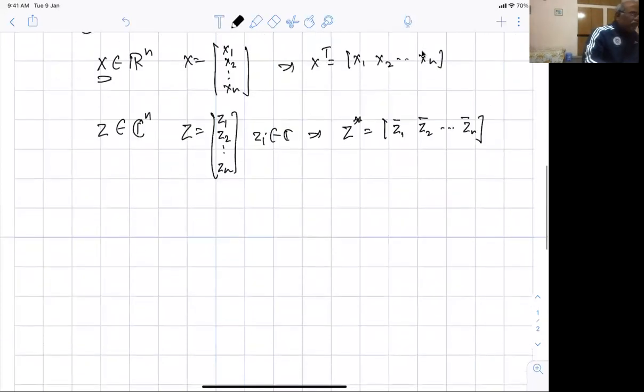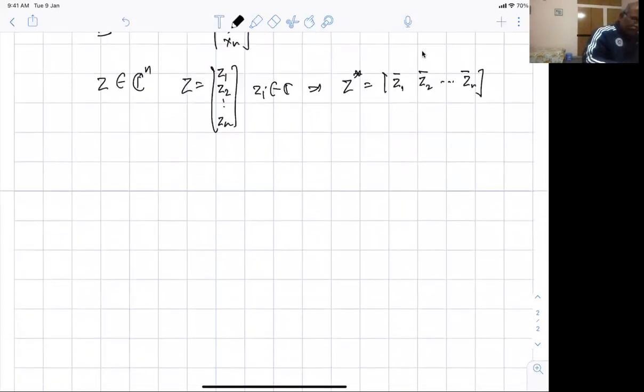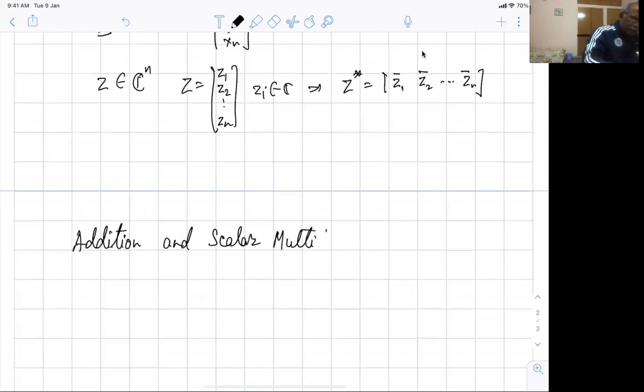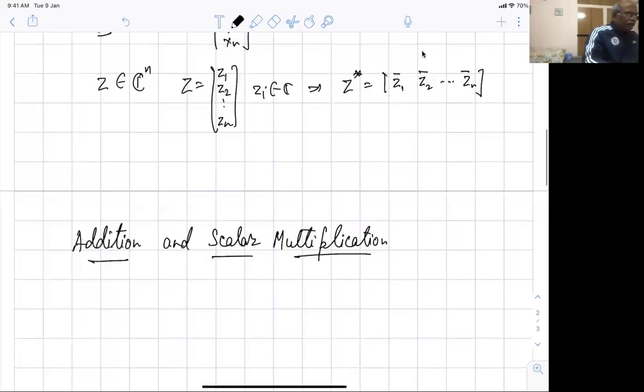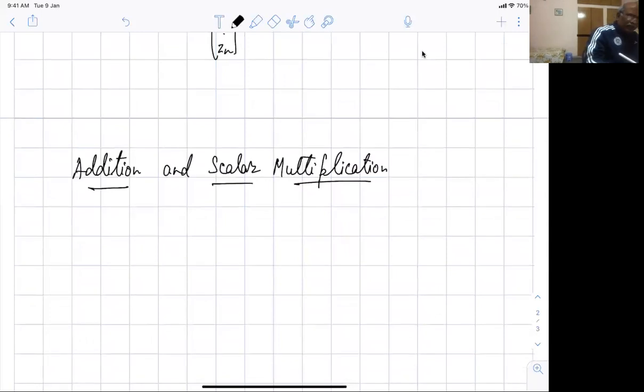Now the next operation is addition of matrices, sum of matrices, and scalar multiplication. Scalar multiplication means multiplying by a 1 cross 1 matrix. So let's understand the definition of addition. Take a matrix A, which is Aij, of size m cross n.